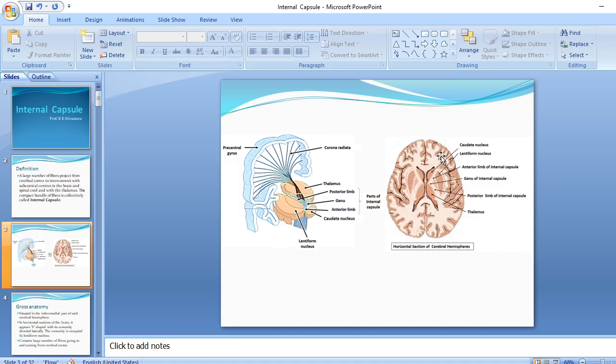In horizontal section, you can see this is the internal capsule, which is V-shaped, and the concavity of which opens laterally, and in this concavity lies laterally the lentiform nucleus, and medially here you can see anteriorly the caudate nucleus and posteriorly the thalamus.